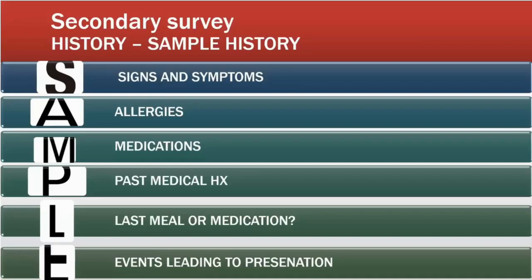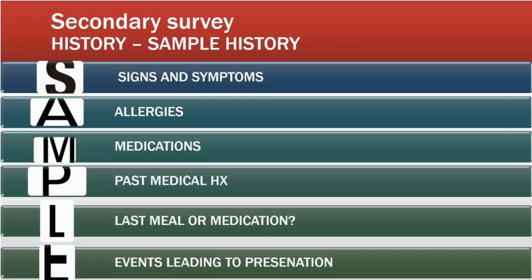Next, take a history. You want to go through the signs and symptoms. Does this child present with chest pain, confusion, fainting, fatigue, dizziness, etc., and what is the duration of the symptoms? Do they have any allergies, or medication of any family members, such as beta blockers, calcium channel blockers, etc.? You want to know their past medical history.